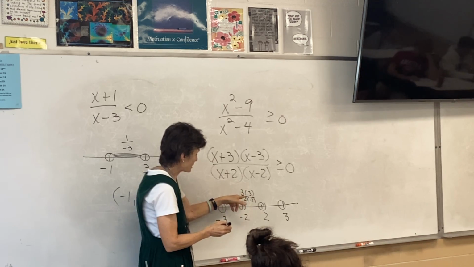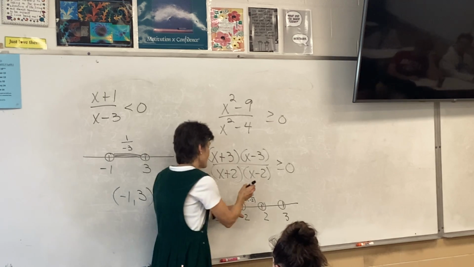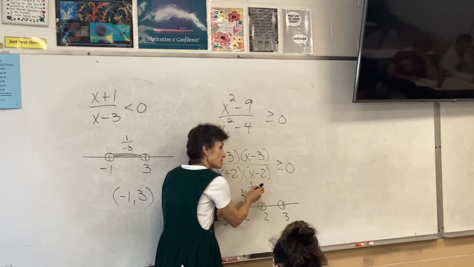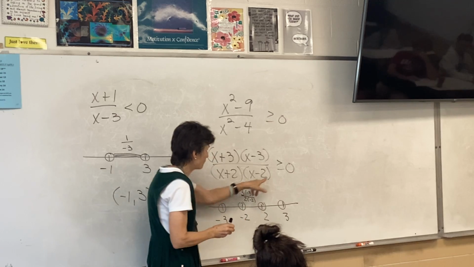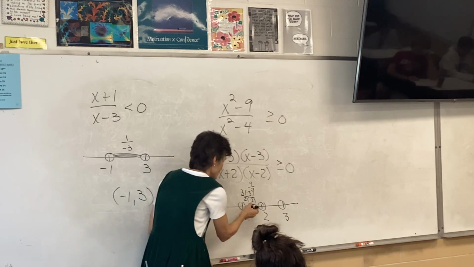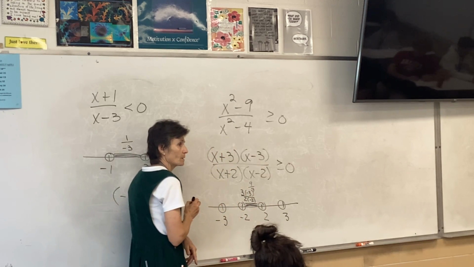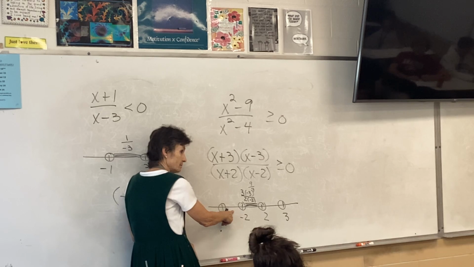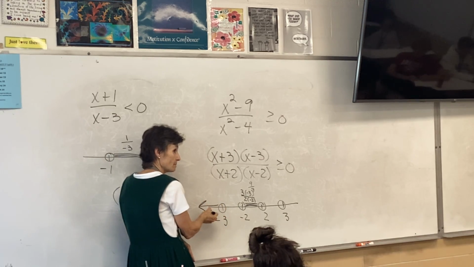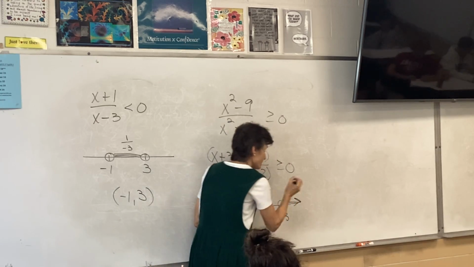That's gonna end up being -9 over -4, which is 9/4. Is 9/4 bigger than 0? Yes. So that means where the 0 is, I'm going to shade, which means that is not, but this is. That is not, but this is.